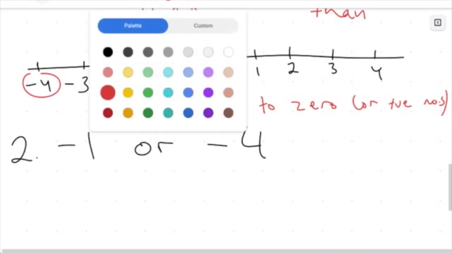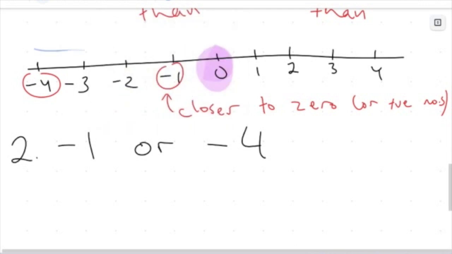We can also say that, all right, I still know that as I go on my right-hand side of my number line, as I go from left to right, my numbers get bigger. So by that logic, my -1, because it's on the right of my -4, it is bigger. It's higher up.